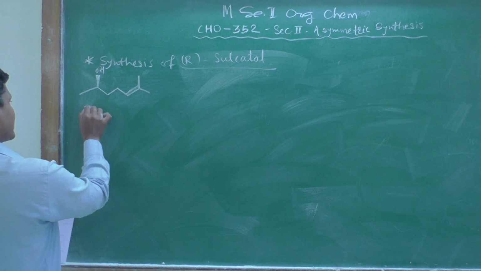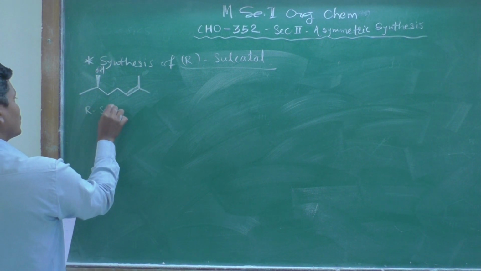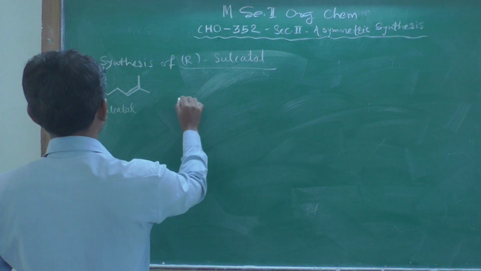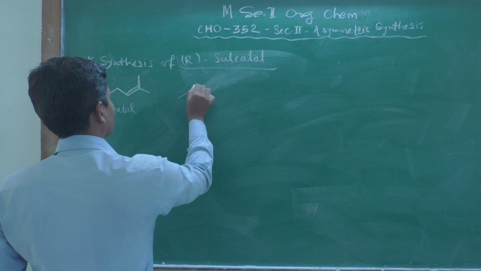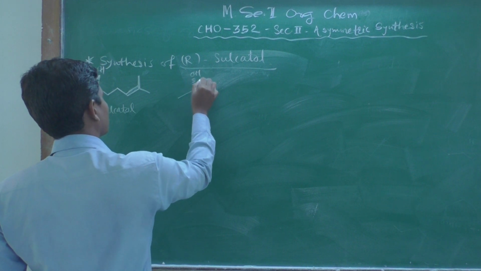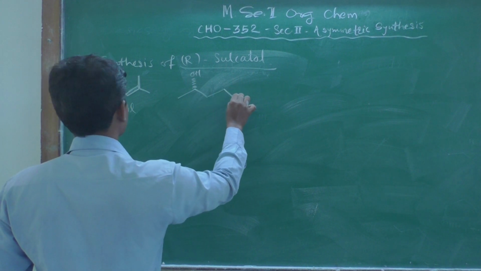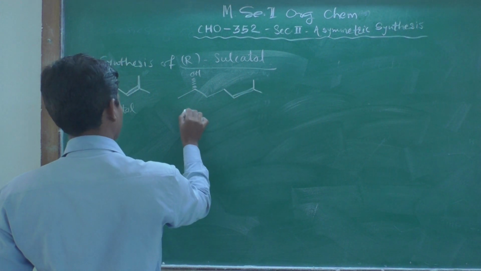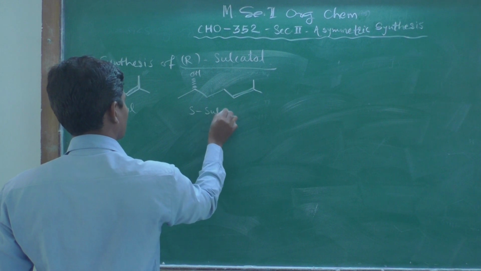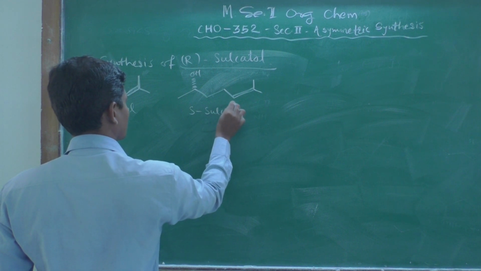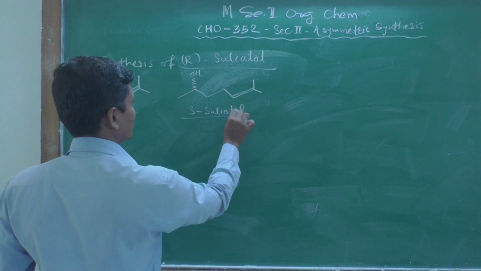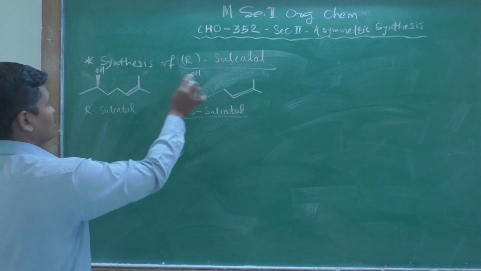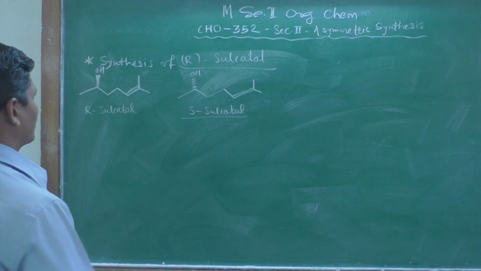This is R-sulcatol, and this is the structure of S-sulcatol. Again the suffix is OL, that's why it is an alcohol.